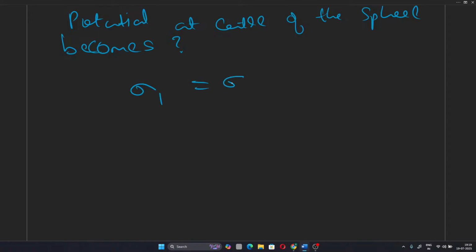So here they gave that sigma 1 equals sigma 2, where r2 equals 2r1.